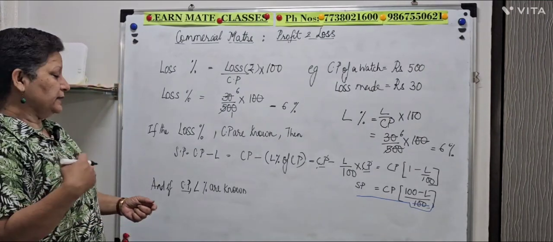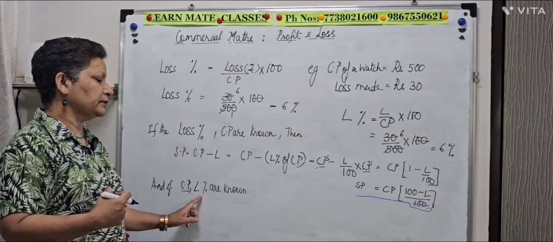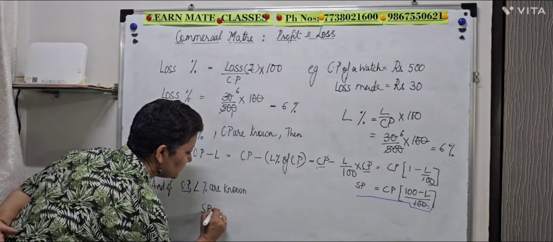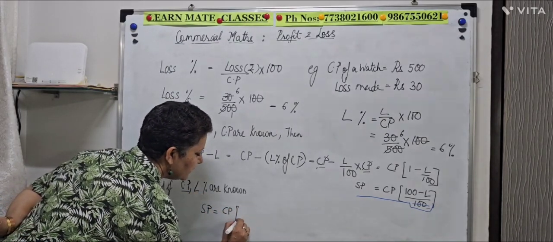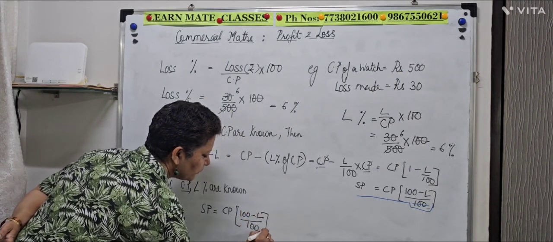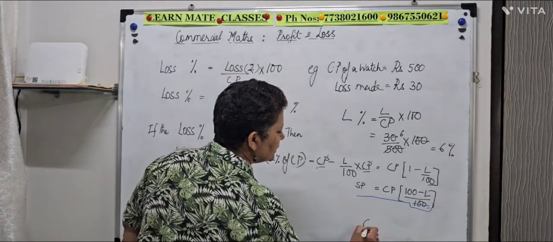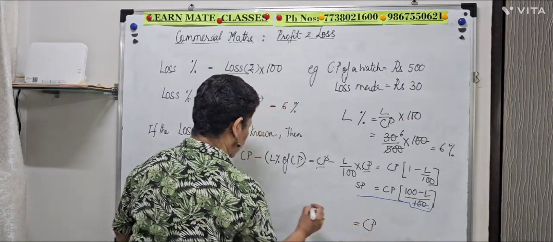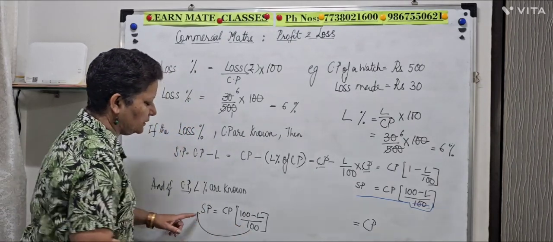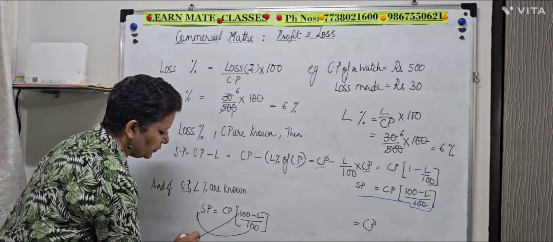In the contrasting situation, I have the SP and the loss percent known. Let me pick up my formula from there. SP is equal to CP into 100 minus loss upon 100. I want my CP, so I let my CP stay on that side, and all other things I transpose to my left. From the denominator, this goes into the numerator, and this numerator goes into the denominator.